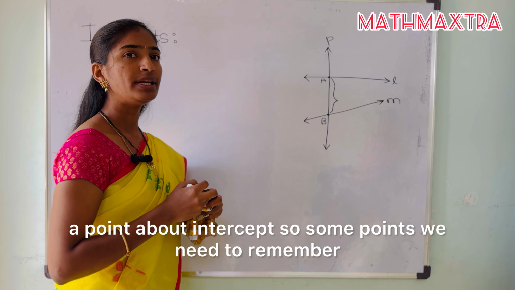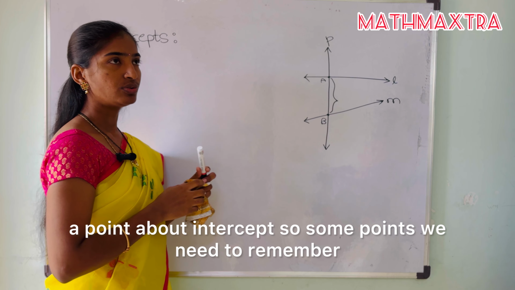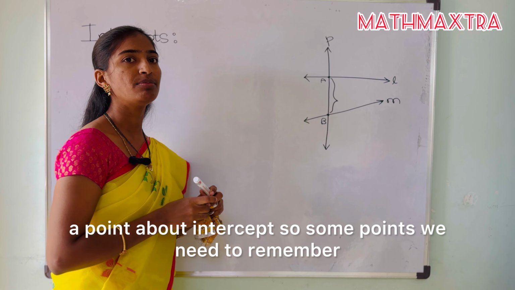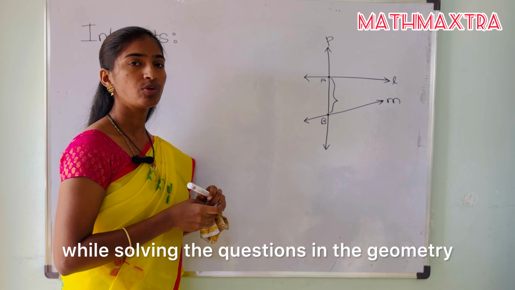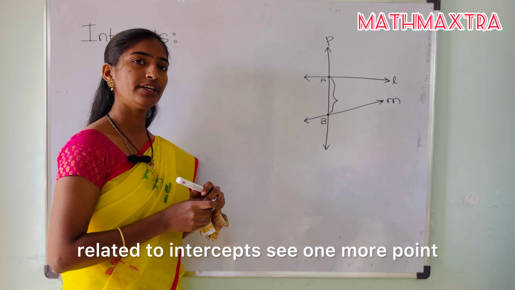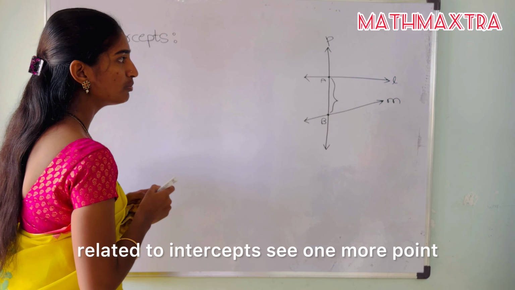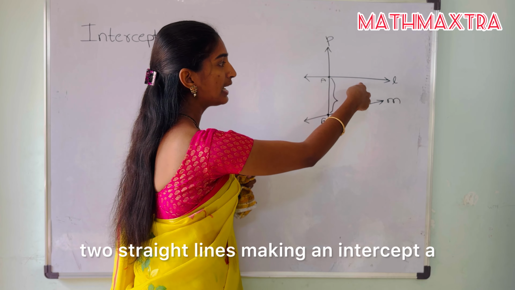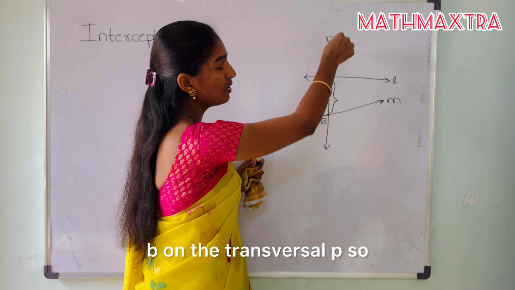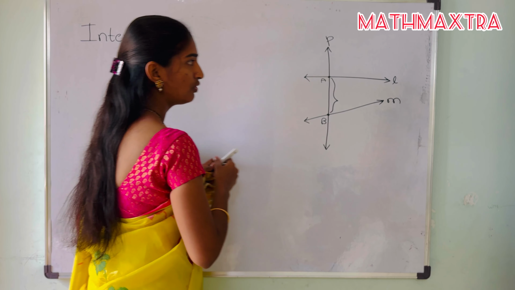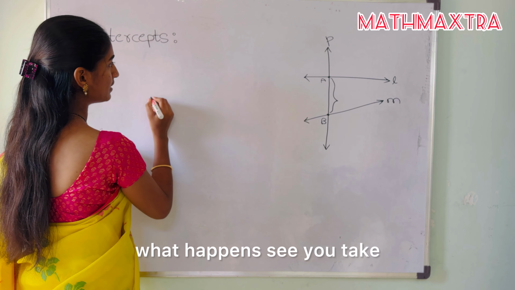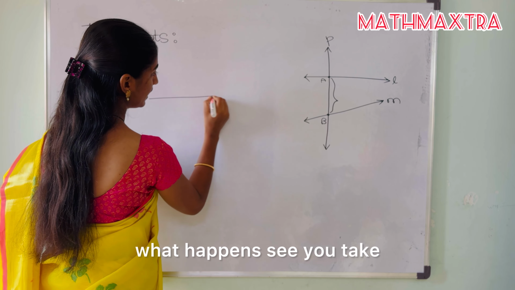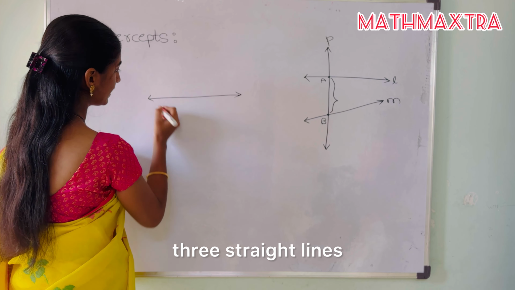Some points we need to remember while solving geometry questions related to intercepts. These are the two straight lines making an intercept AB on the transversal P. If you take three straight lines, what happens?